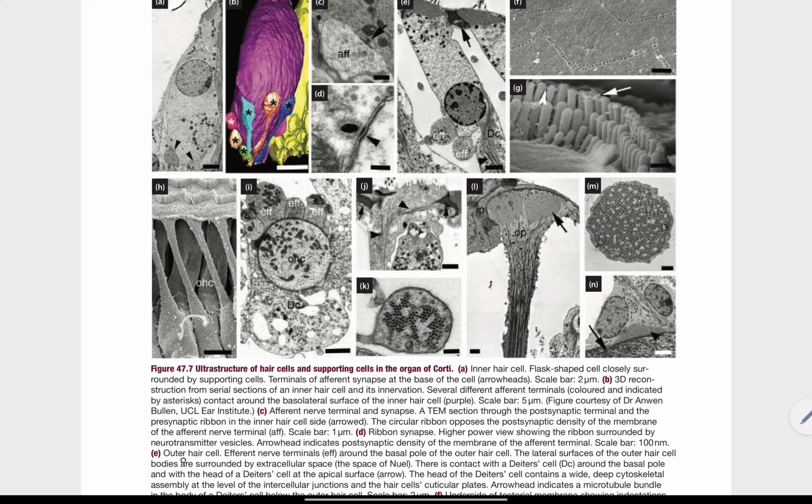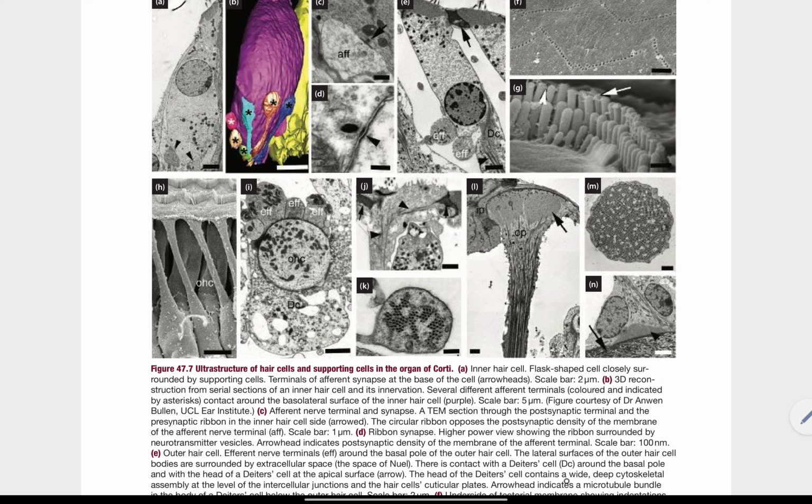E is the outer hair cell, efferent nerve terminals EFF around the basal pole of the outer hair cell. The lateral surfaces of the outer hair cell bodies are surrounded by extracellular space, the space of Nuel. There is contact with a Deiters cell around the basal pole and with the head of the Deiters cell at the apical surface.